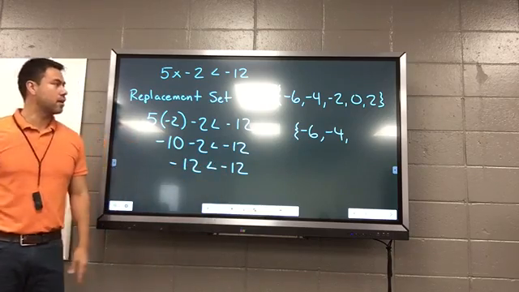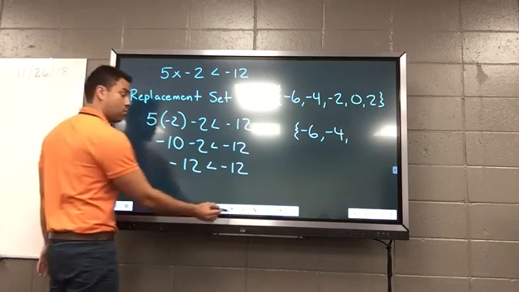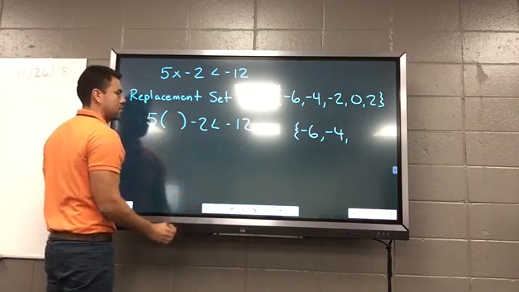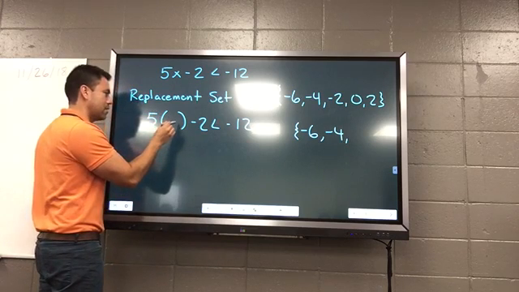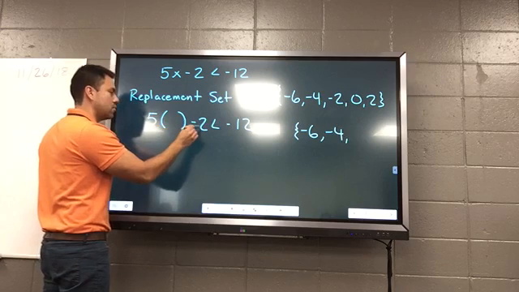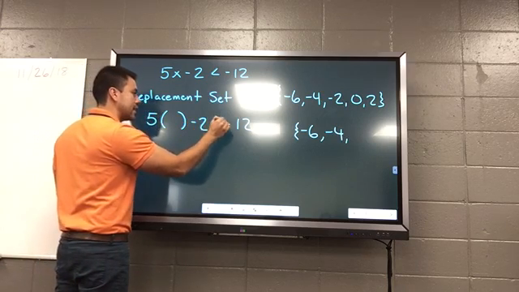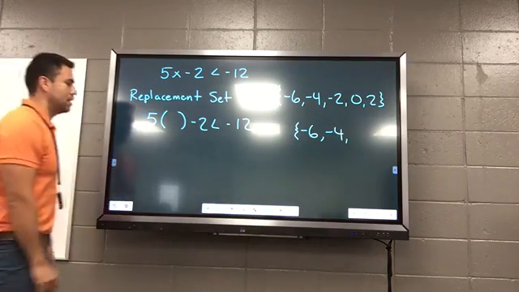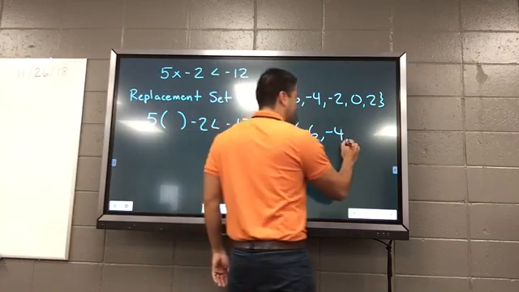It's not true. Okay, what about 0? Would that work? No. It's 5 times 0, 0 minus 2, negative 2. Is negative 2 less than negative 12? No. What about 2?